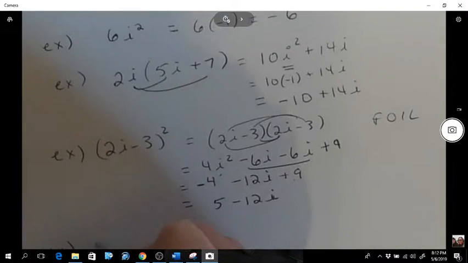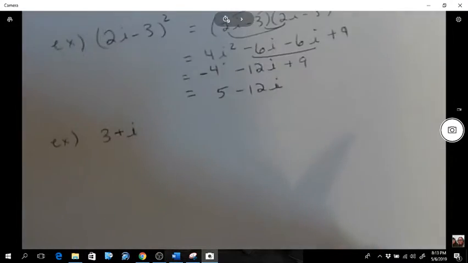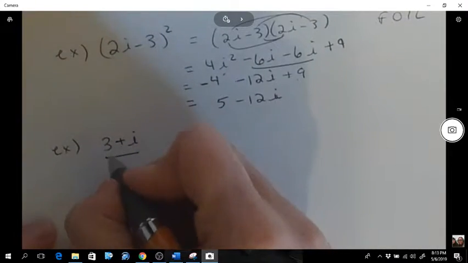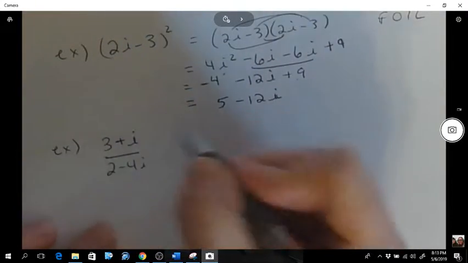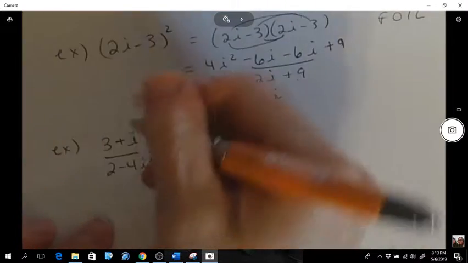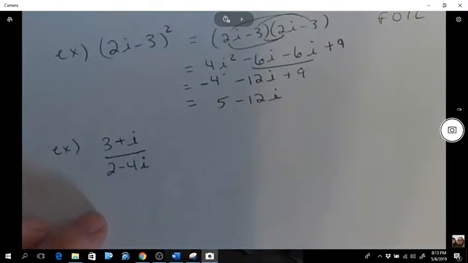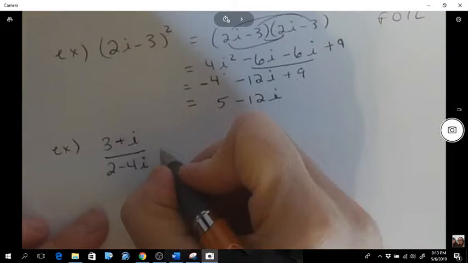Okay, next example would be a fraction. So 3 plus i over 2 minus 4i. Okay, so we're going to learn how to rationalize. We did this in grade 11 when you did not want the variable in the bottom, okay, the denominator. So I'm going to multiply.